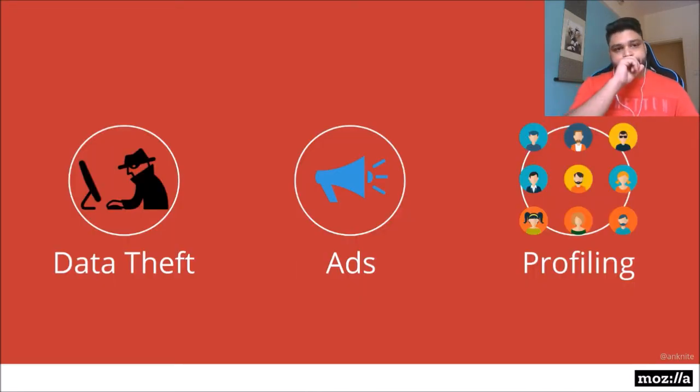Why does the tracking exist? As I mentioned earlier, profiling is one of the reasons, but ads are a major revenue source, whereas data theft cannot be ruled out as well. Online advertising and profiling have a symbiotic relationship, if you may call it.